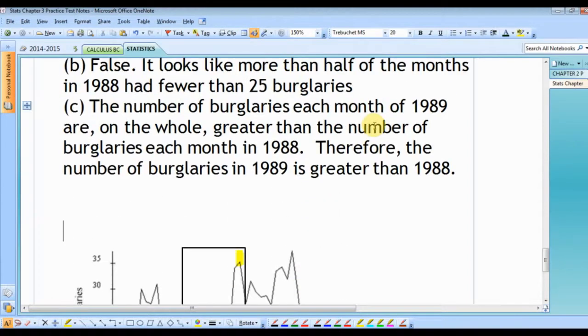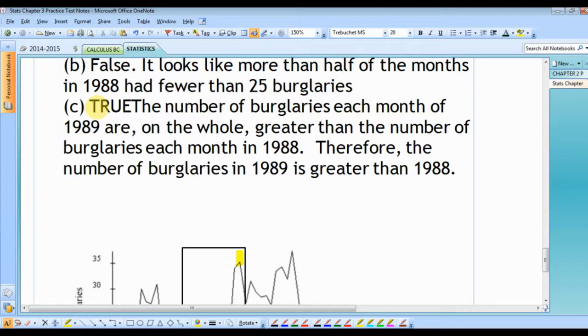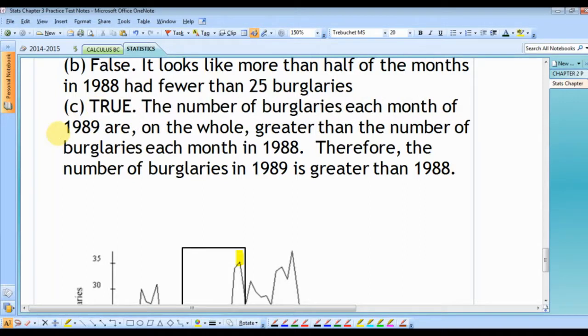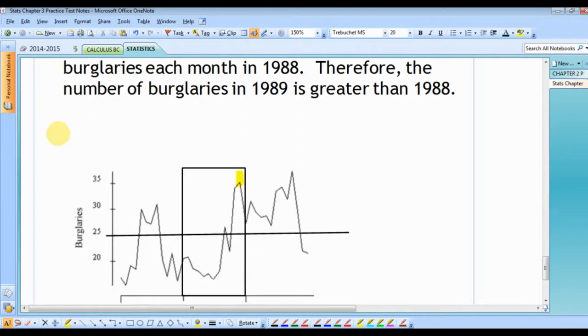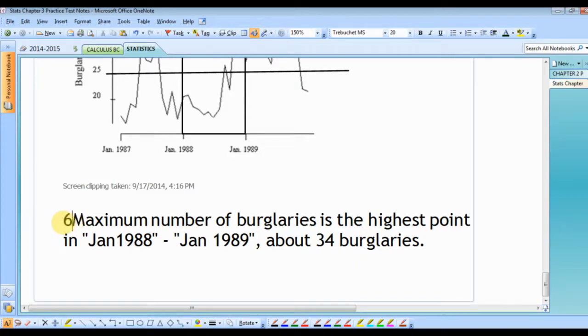Okay, are we good with this then? Yeah. All right. This was number 6.